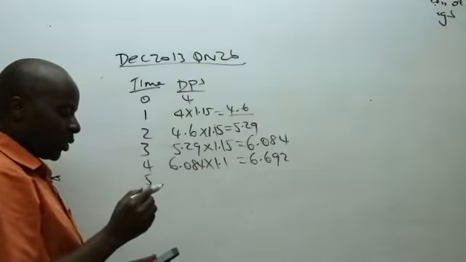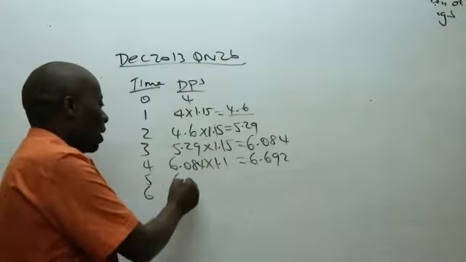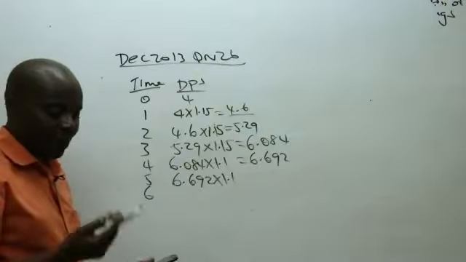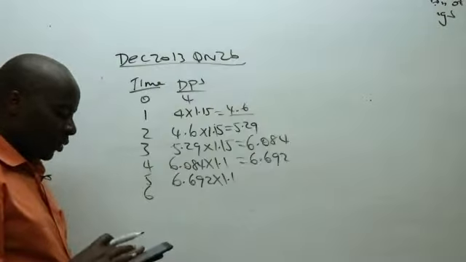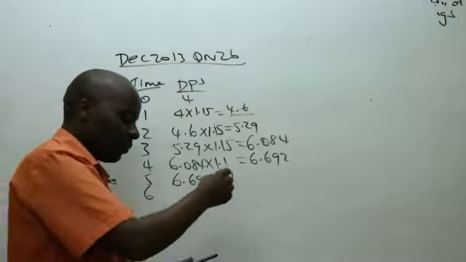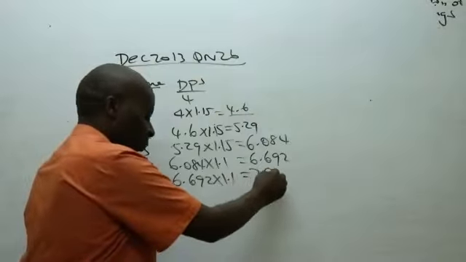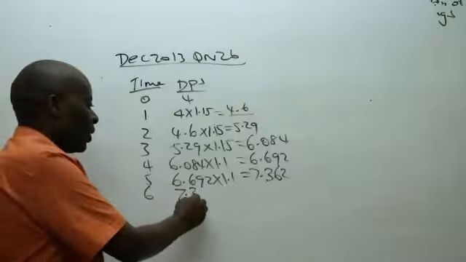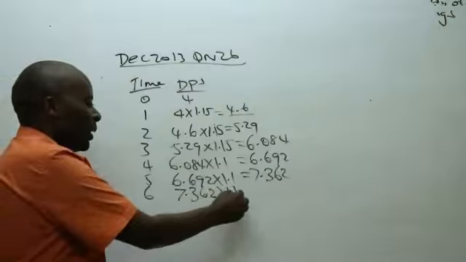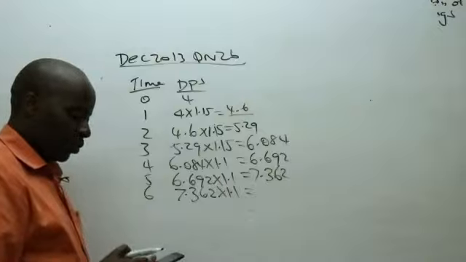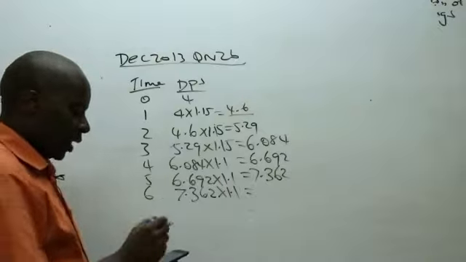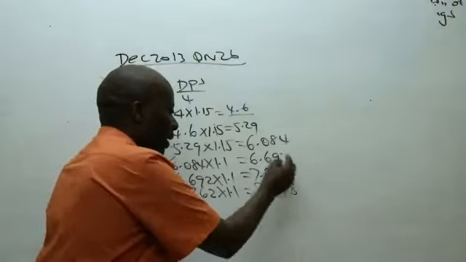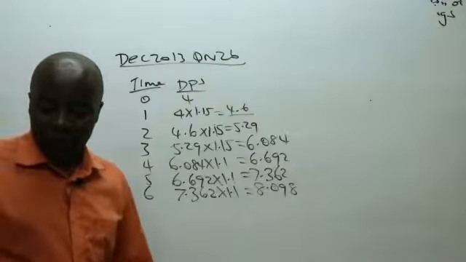This 6.692 is what I bring here, growing by 10%, so times 1.1, which will give me 7.362. Then I have the same 7.362 growing by 10%, so times 1.1, which will end up giving us 8.098. And then what happens after the 6th year?